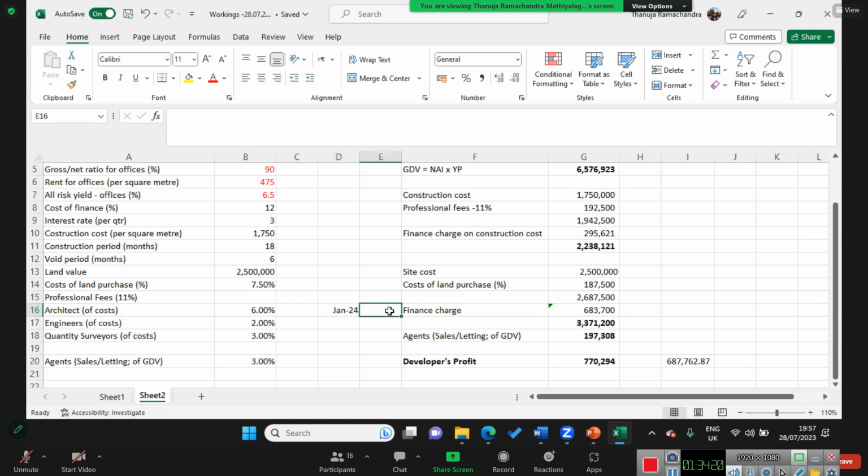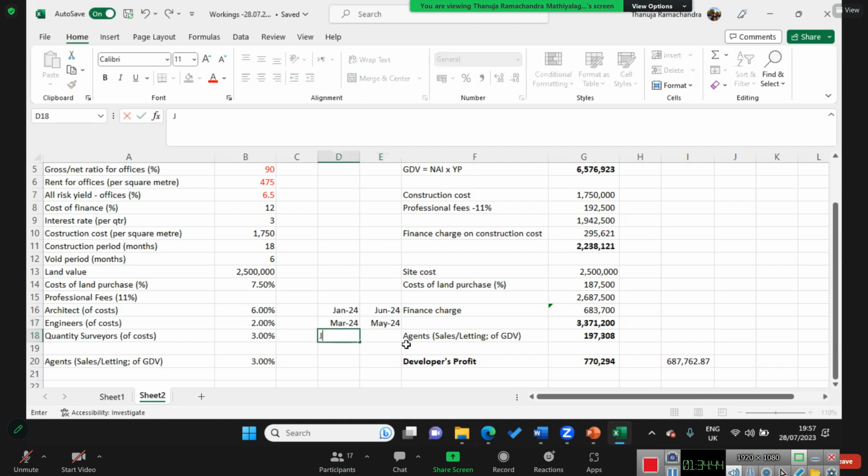So say, for example, this architect may be until June 24, right? And the engineers might come around March 24, and if we take them for 3 months, March, April, May, so until the end of May 24, right?